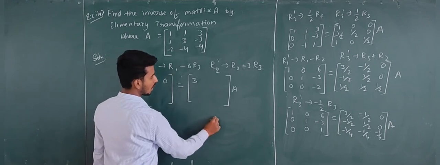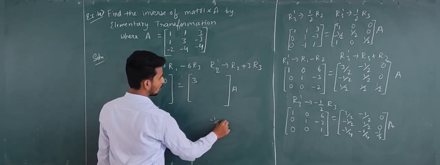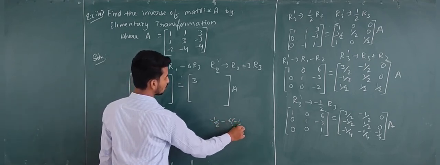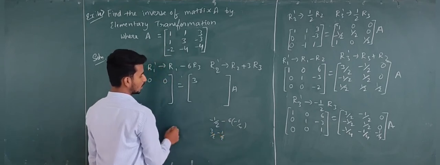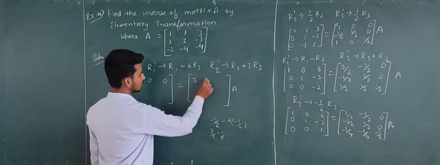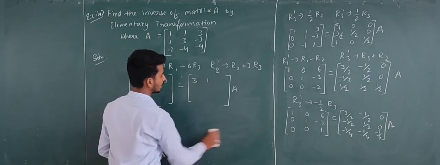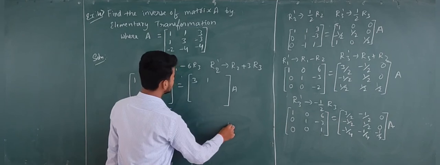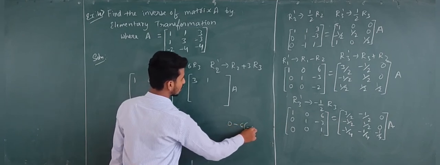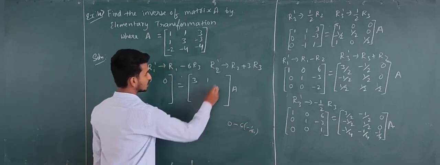Next, minus 1 by 2 minus 6 times minus 1 by 4: 3 by 2 minus 1 by 2 will be 2 by 2, that is nothing but 1. Next, 0 minus 6 times minus 1 by 4 is 3 by 2.